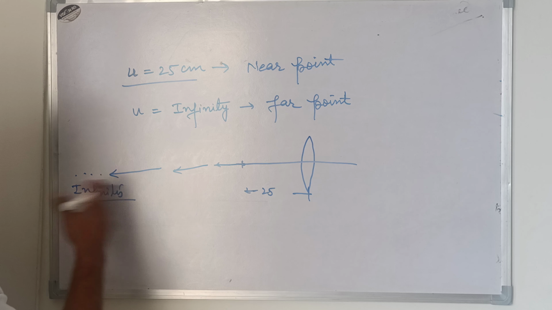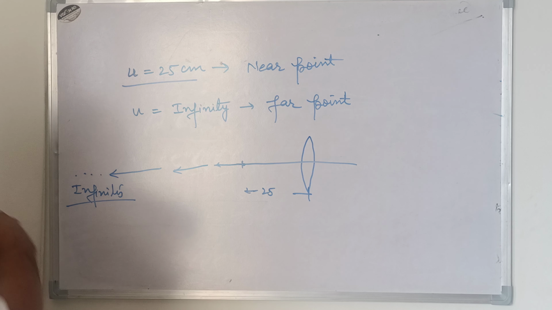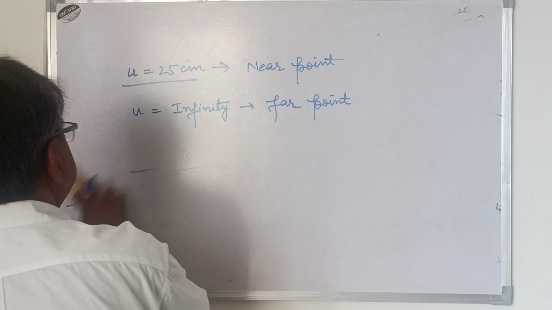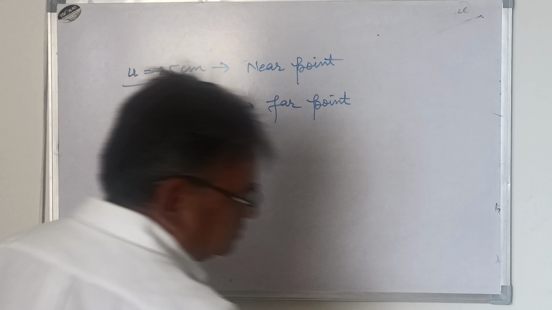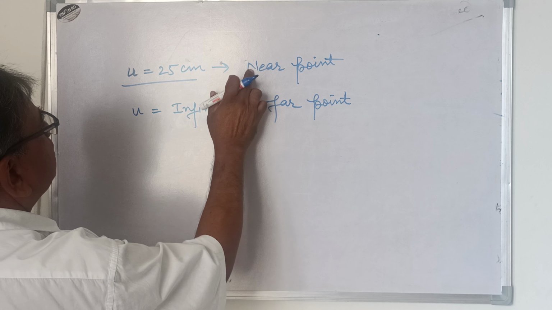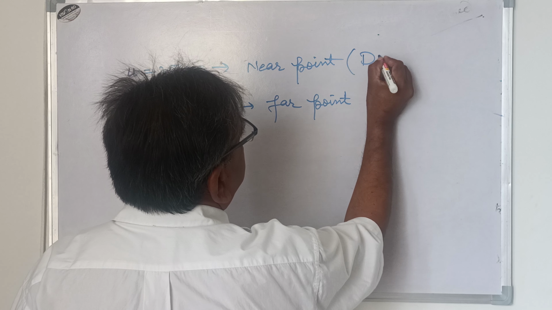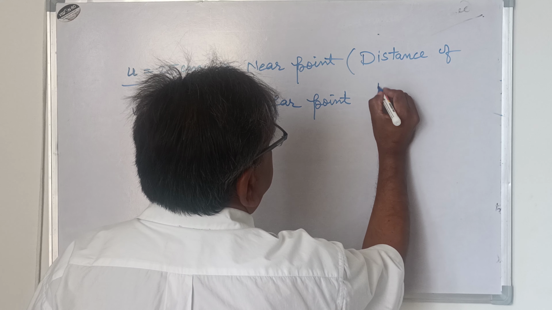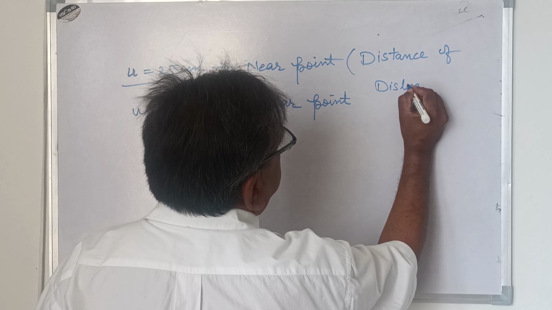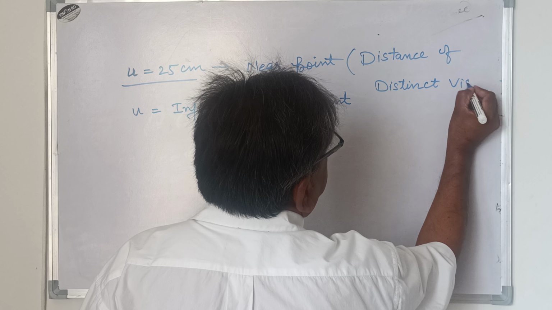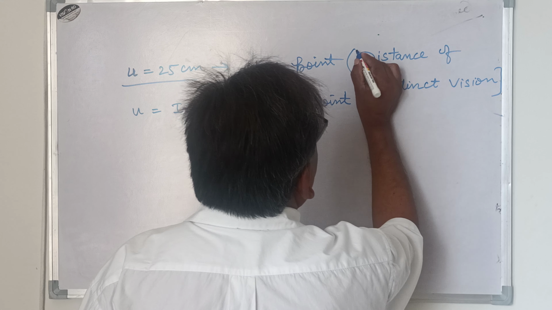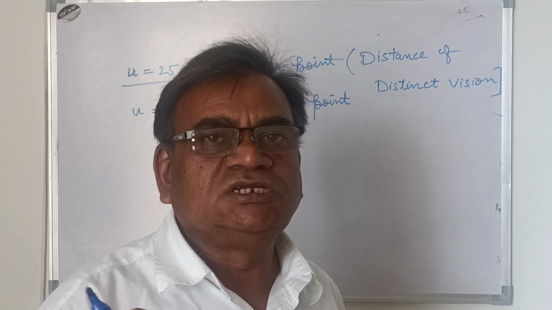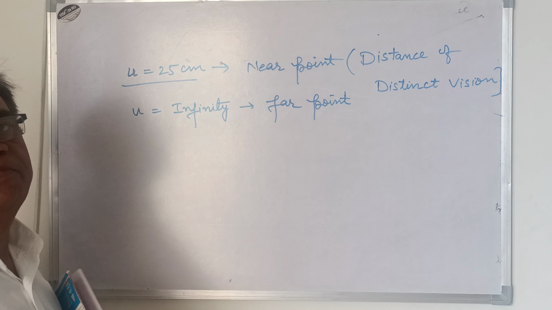So this is your range, 25 centimeter to infinity in front of the eye lens. This range of u, far point and near point, is also called the distance of distinct vision. Distinct means clear, resolved, different parts visible clearly, a sharp image seen by your eye.